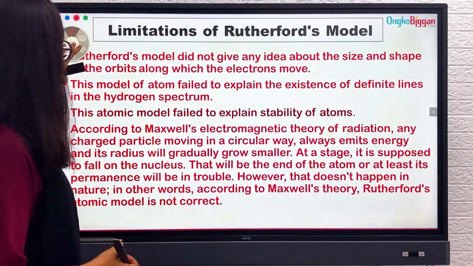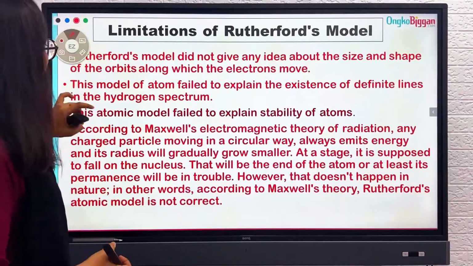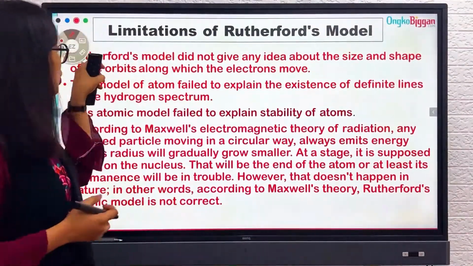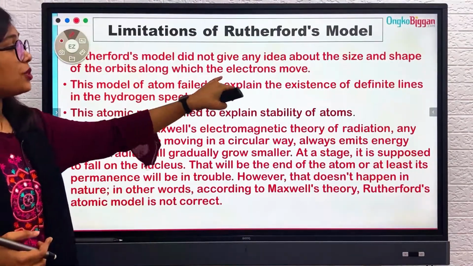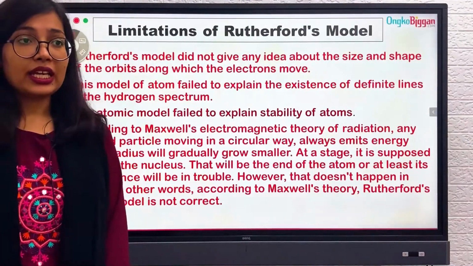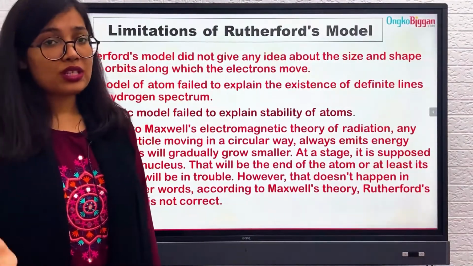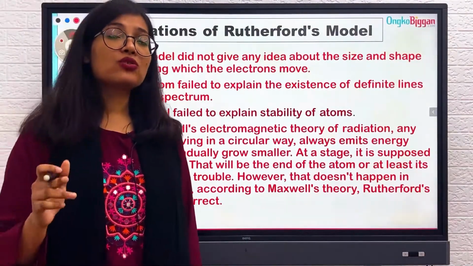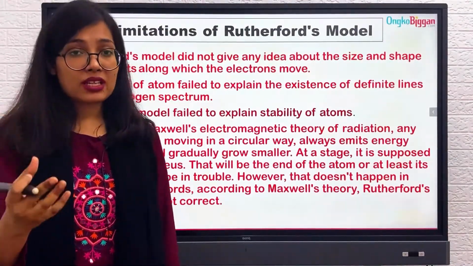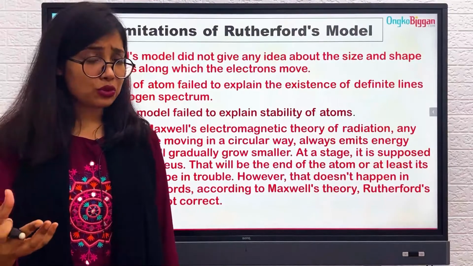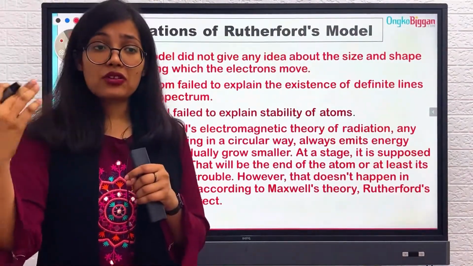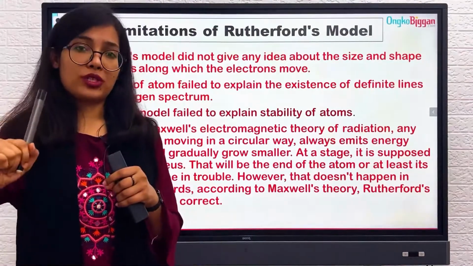So the first limitation is that Rutherford's model did not give any idea about the size and shape of the orbitals along which the electrons move. Rutherford stated that in an atom there are electrons, protons and neutrons, and electrons are revolving around the nucleus, which is basically protons and neutrons. The electrons revolve on their own orbitals.